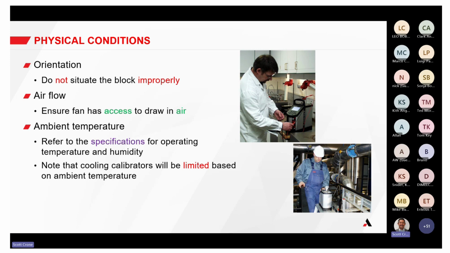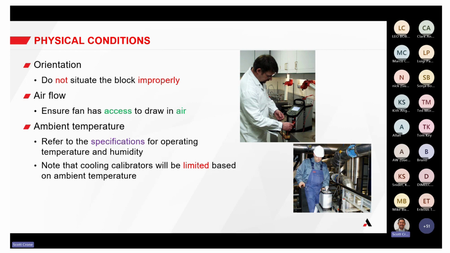Make sure that the ambient temperature and humidity are correct for use of the dry block. And the one thing you will know is, going back to the Peltier element, those Peltier elements work on a differential to ambient. So if you get to a differential that the Peltier can't cover, you might be in a position where you can't reach a 0 point in that ambient condition.